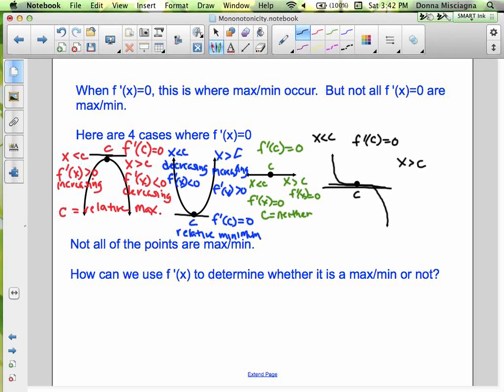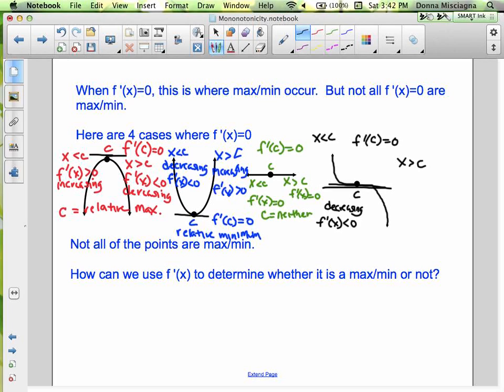All right, so let's look at our derivative. For x values that are less than c, you see our function is decreasing. That means that the derivative for values of x less than c is negative.